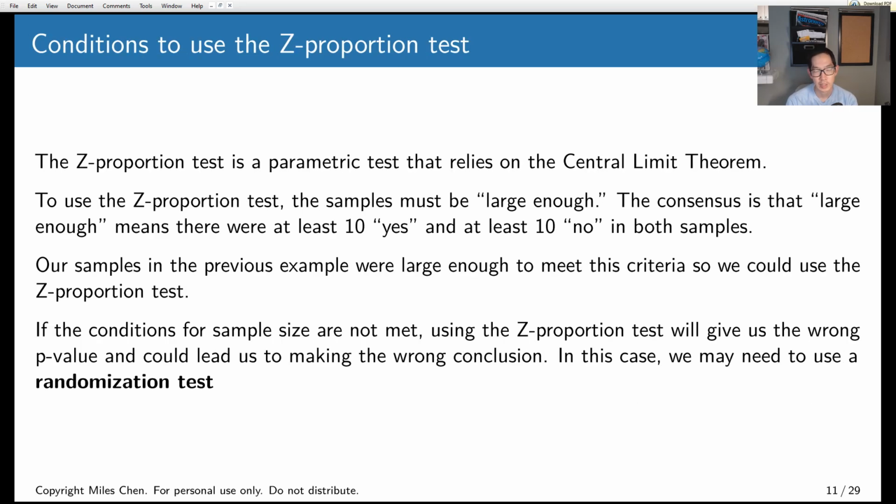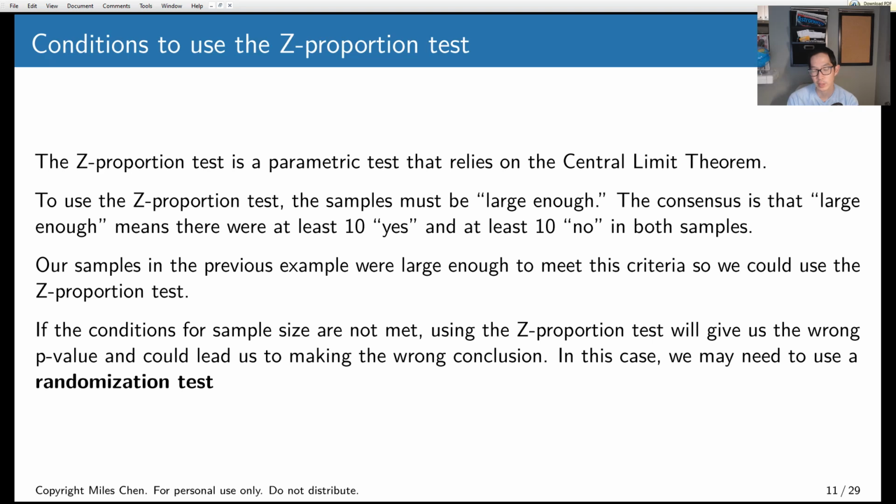Now, the conditions for the z-test: the z-test relies on the central limit theorem. So to use the z-proportion test, your samples have to be large enough. The general consensus is that you need at least 10 yeses and 10 nos in both samples.